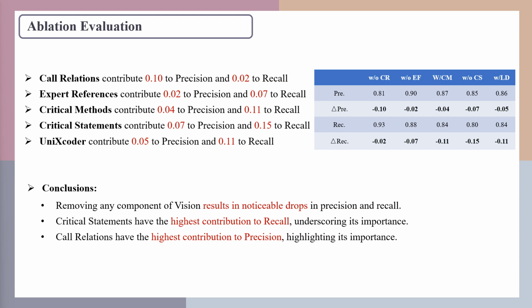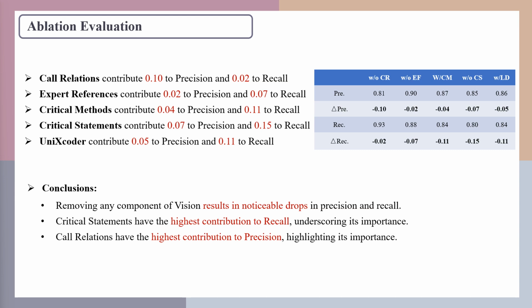After that, we did an ablation evaluation, which shows that removing any component of Vision results in noticeable drops in precision and recall. Critical statements have the highest contribution to recall, underscoring their importance, while critical methods have the highest contribution to precision.